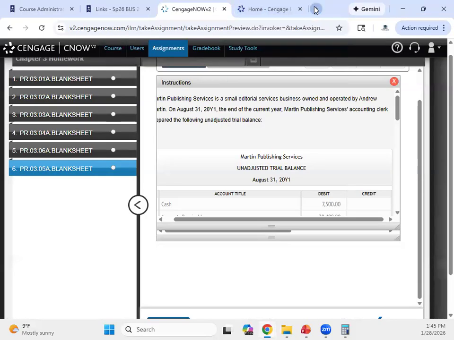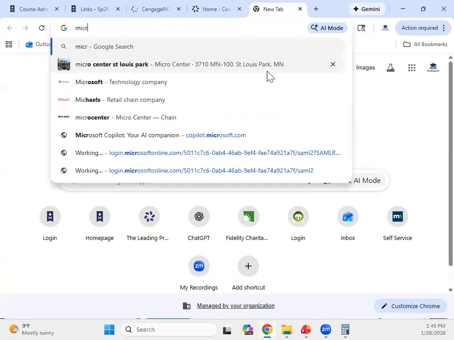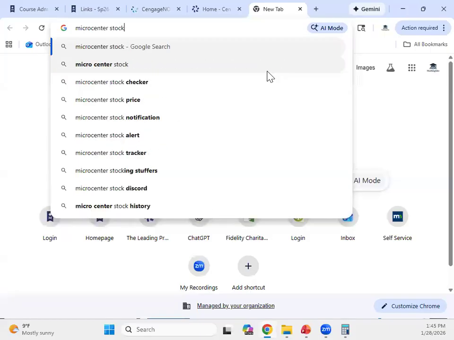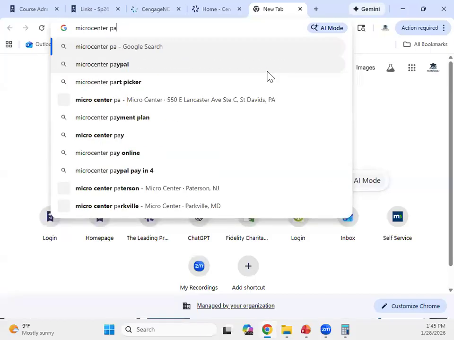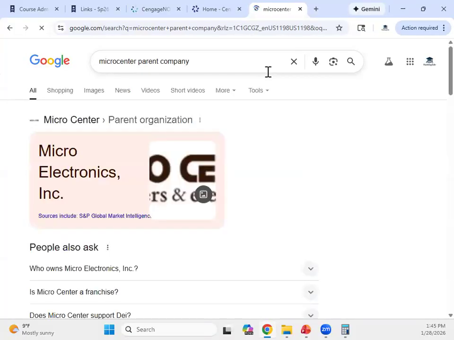Can anyone give me two competitors, same industry, big companies that we can look at their financials? I don't know if Micro Center is public.